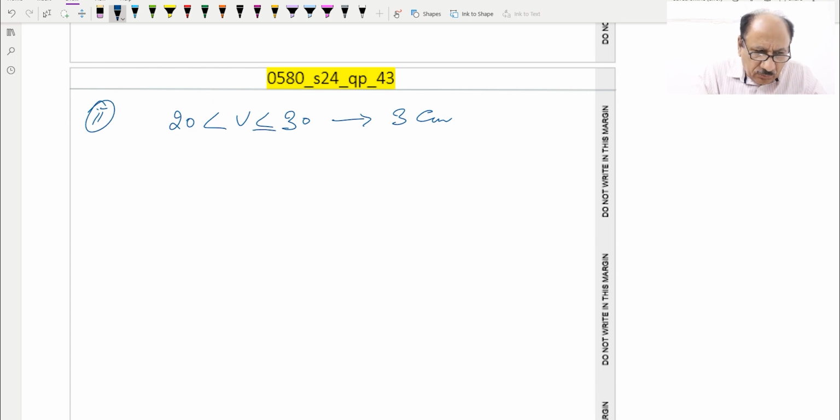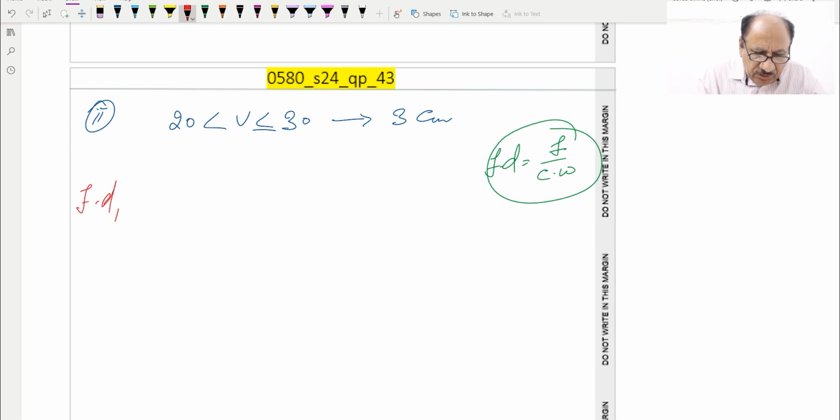Calculate the height of each of the other two bars of the histogram. We know the formula: frequency density is equal to frequency divided by class width. So this is the formula which we'll be using.